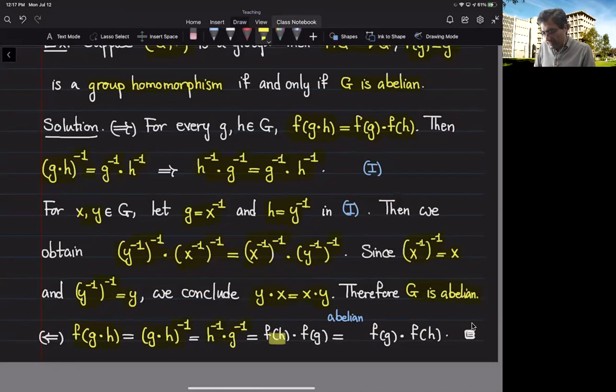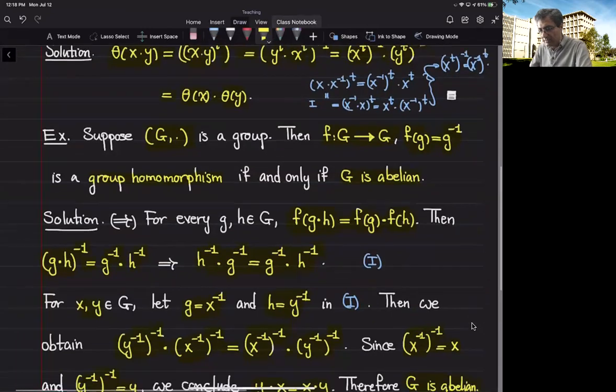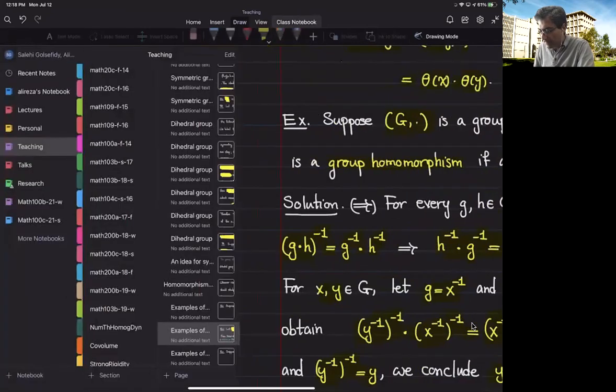Inverse of h is f of h, inverse of g is f of g. But my group is abelian. That means I'm allowed to flip the order of multiplication. Therefore, that is f of g times f of h, and that's exactly what we wanted to show. We ended up getting that f of g times h is f of g times f of h when the group is abelian. So that completes the proof of this example.